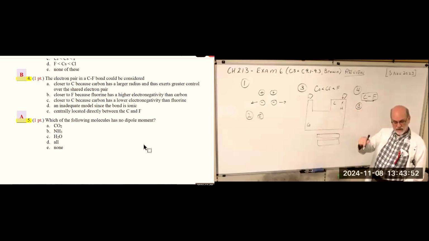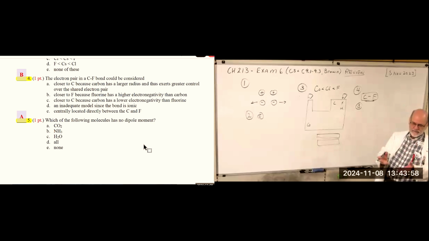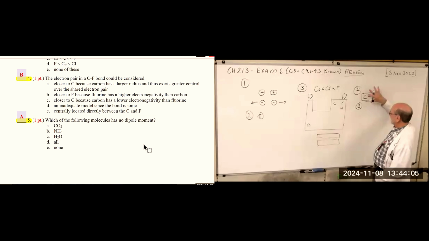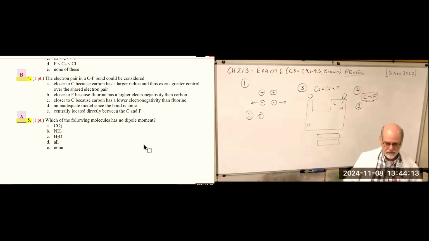We're more interested in their energy than their position, so we focus on the energy and let the position be more like a regional description. But in terms of probable location, they're more likely to be closer to fluorine than carbon. That's all we're saying.